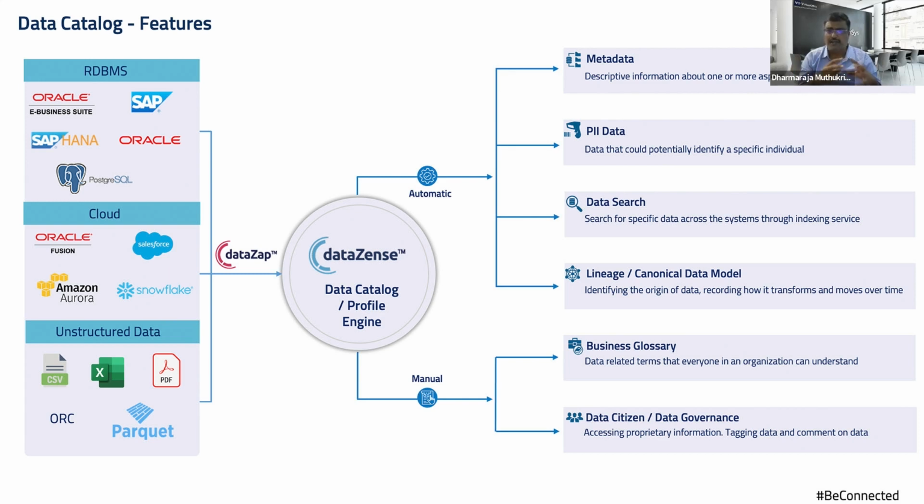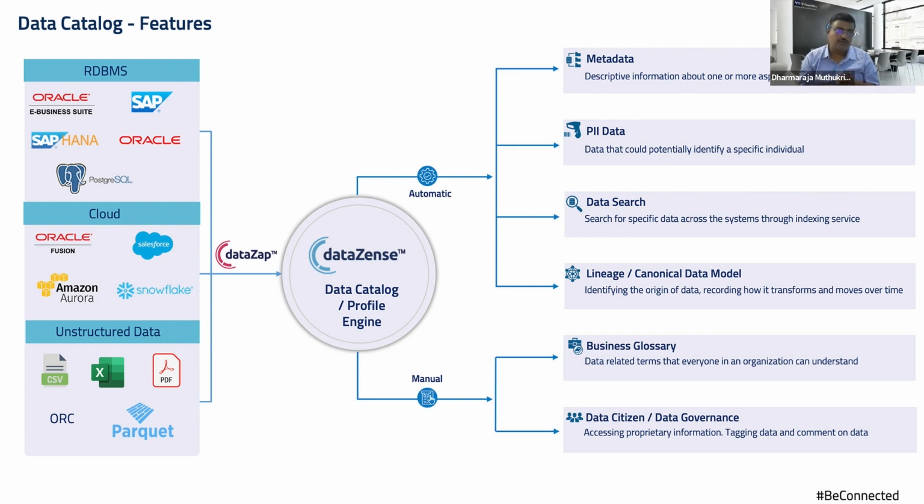So this is a forum with which the users can play around with the profiled output. They can give any kind of suggestions, and they can rate the column as well, whether it has been perfect. Okay, I'm happy with what it has done. I'm rating this as 4. I'm rating this as 3, or 100%. I'm rating this as a 5. Okay, 5-star, it is done. So all these things can be done through the data citizen process.